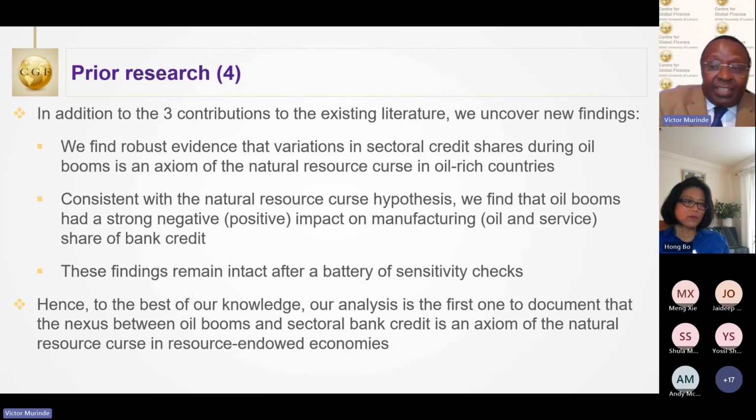We also emphasize that these findings remain intact. They do not alter, even after a battery of sensitivity and robustness checks that we shall demonstrate in this paper.